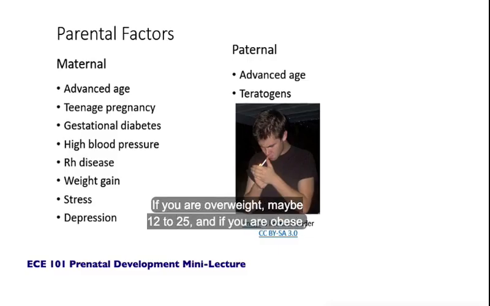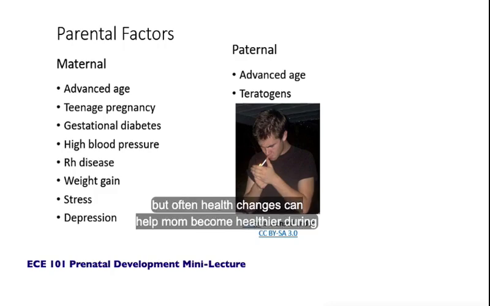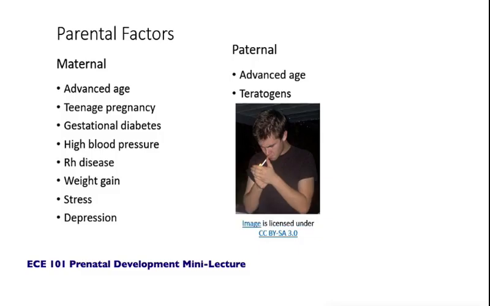If you are overweight, maybe 12 to 25. And if you are obese, probably 11 to 20. And there are instances where women that are overweight or obese make such positive changes in their diet, they actually lose weight during pregnancy, but that shouldn't be a goal. I'm not advocating losing weight during pregnancy, but often health changes can help mom become healthier during pregnancy too.